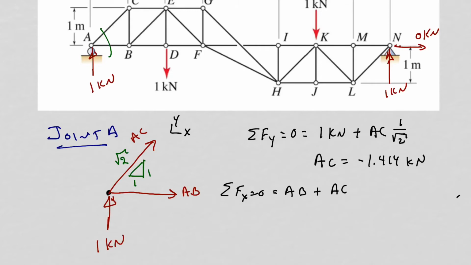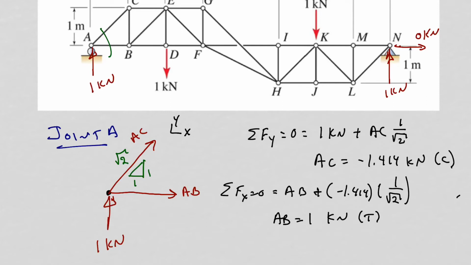I'm going to change that right away and put plus a negative 1.414 times 1 over the square root of 2. We can then solve for AB, and this will equal just 1 kilonewton. Realize that this is in tension, the other one is in compression because it came out negative.